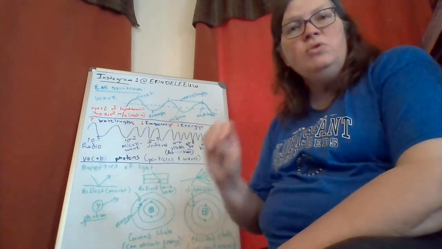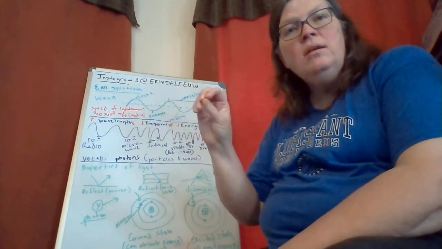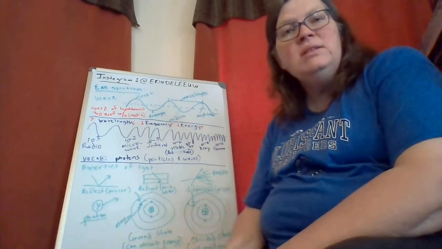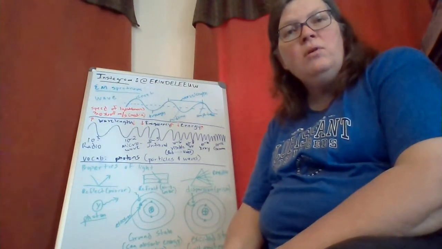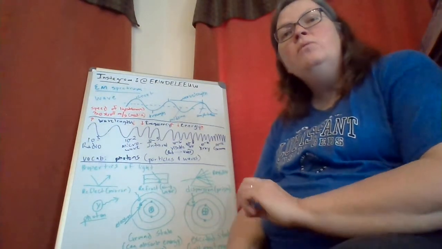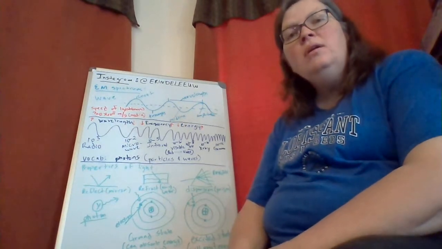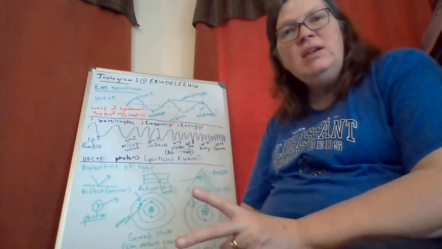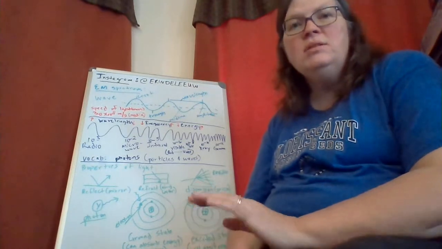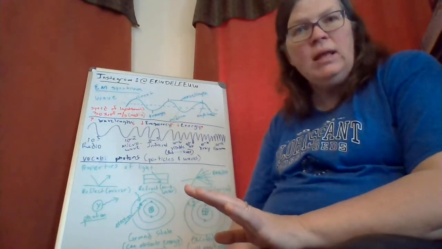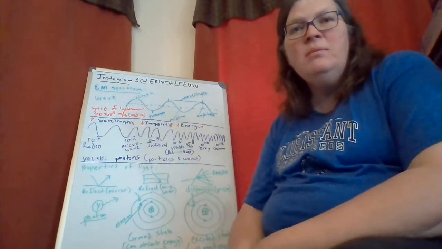The radio station will transmit, and then our antenna picks those up and allows us to hear the radio in our car. Now, real quick, just a little side story. There's two different types of stations on your radio. We're not talking about XM or Sirius, the satellite ones. We're not talking about those. We're talking about AM and FM.